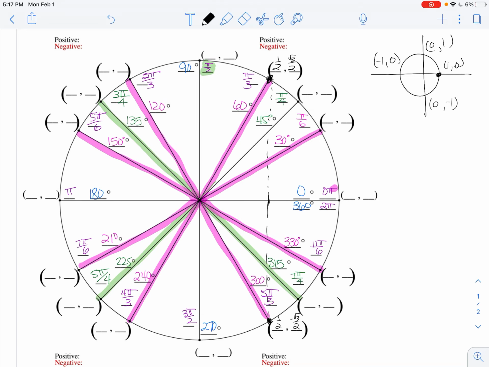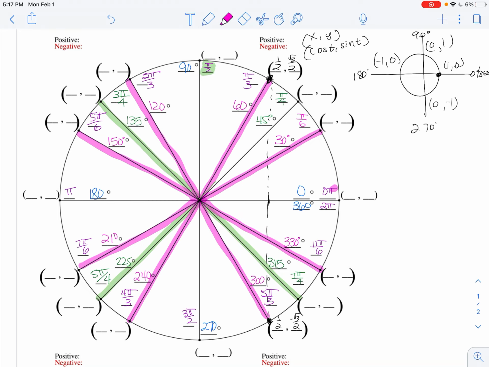Keep in mind these are the values for 0 degrees, 90 degrees, 180 degrees, 270 degrees, and 360, or their equivalent in radians.